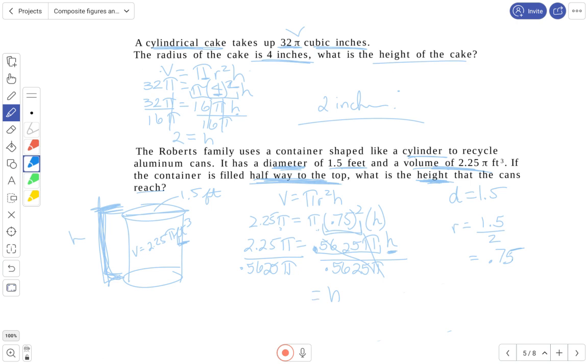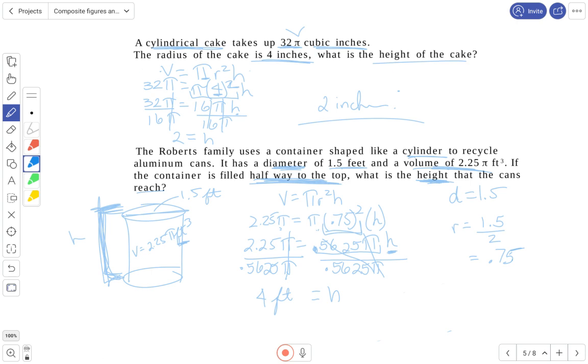On the left side, your pi's divide out, and then you could just put in the calculator 2.25 divided by 0.5625, and you end up with 4 feet.